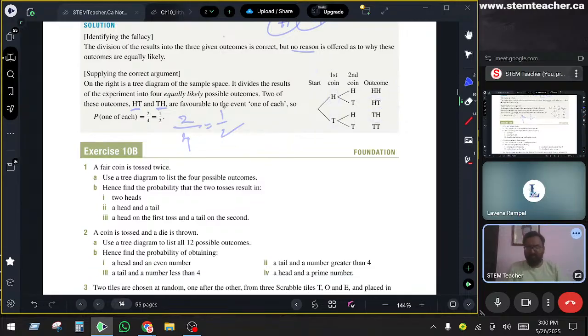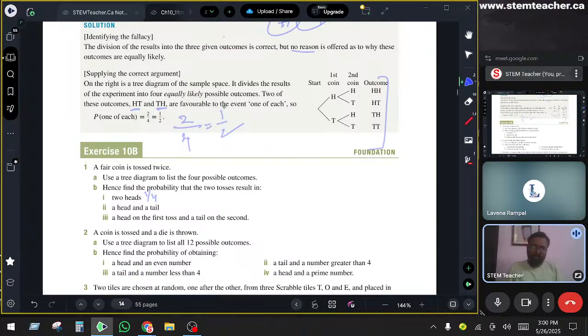Next, hence find the probability of the two toss results: two heads. How many outcomes have two heads? One. It is 1 over 4.